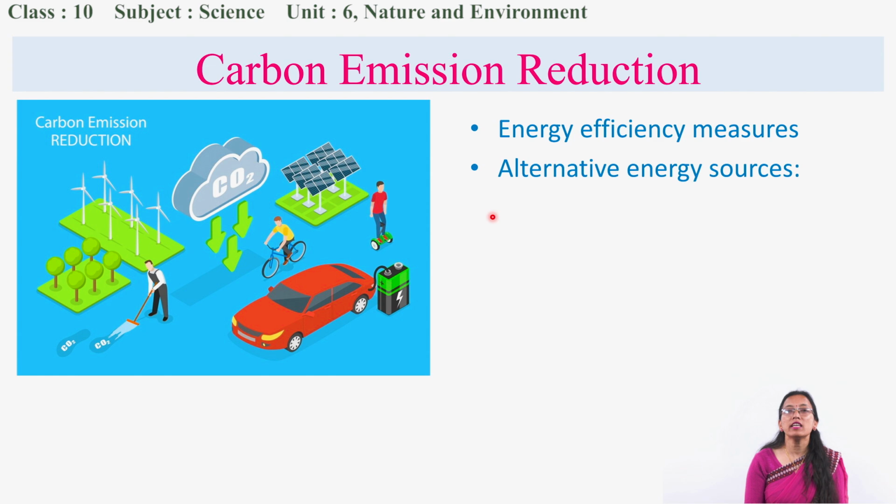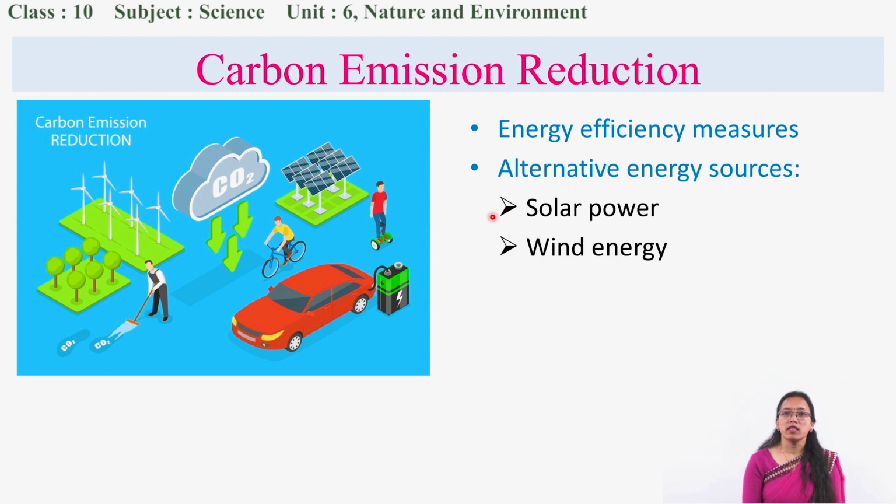And alternative energy sources. For cooking, instead of using fossil fuels or firewood, we can use electrical appliances, even solar cookers, so that we can minimize the carbon emission.